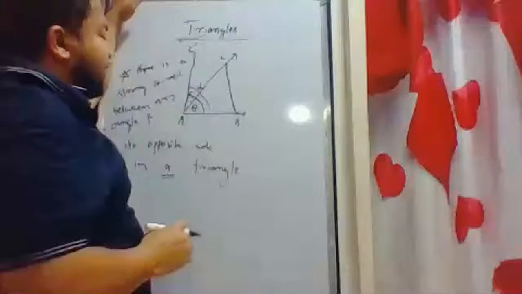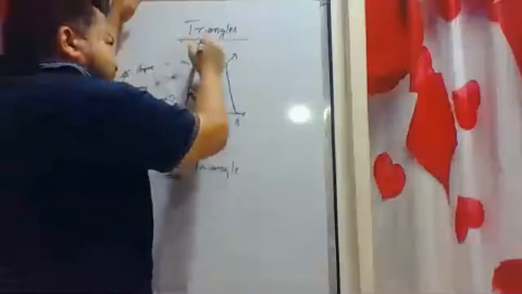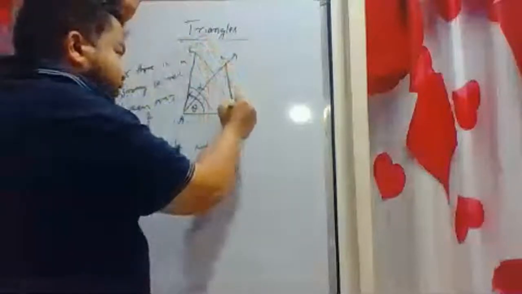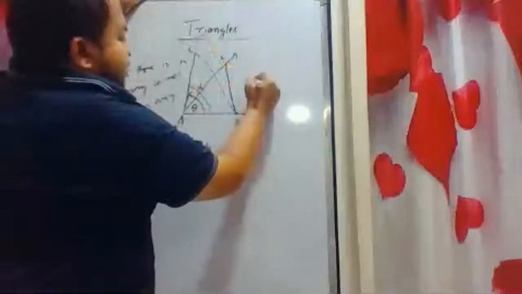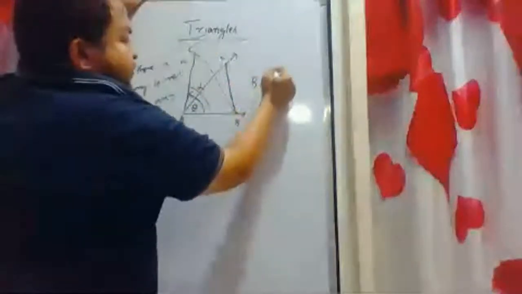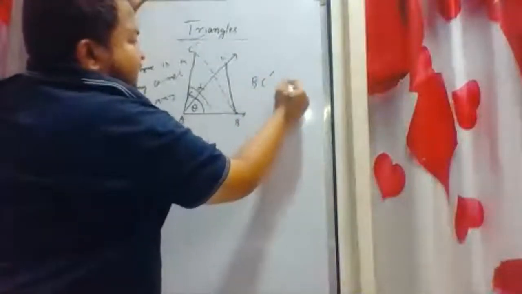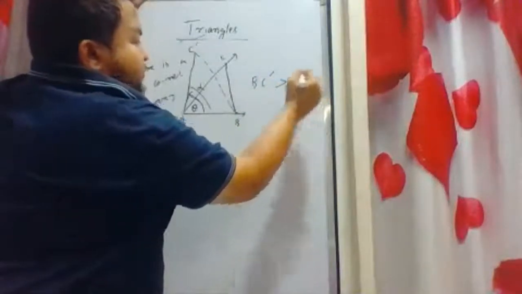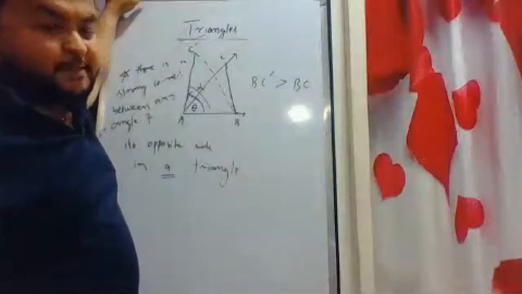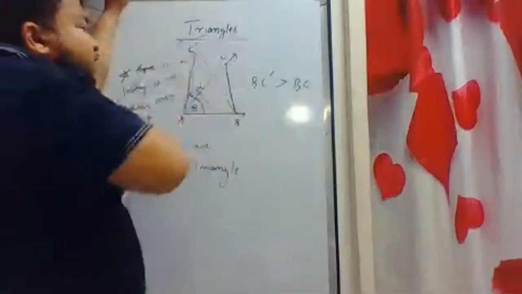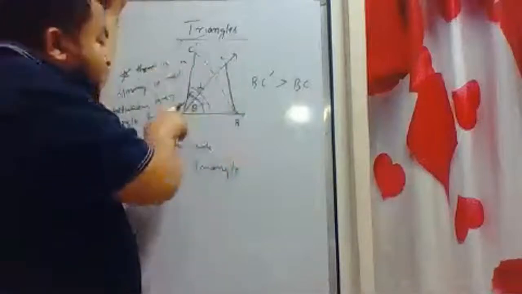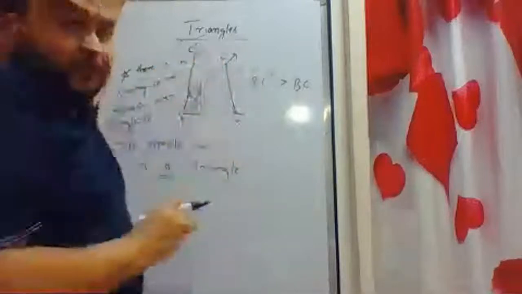Now, when I have increased the angle, are you able to recognize that the length of BC prime is greater than BC? So always remember, students, that there is always a correlation between an angle and its opposite side.